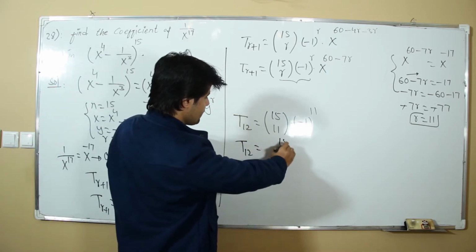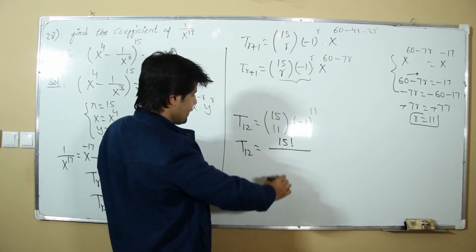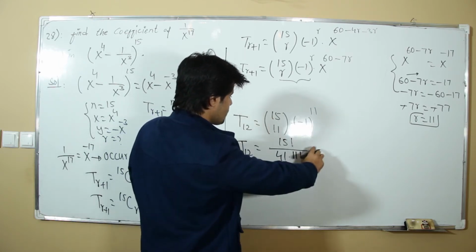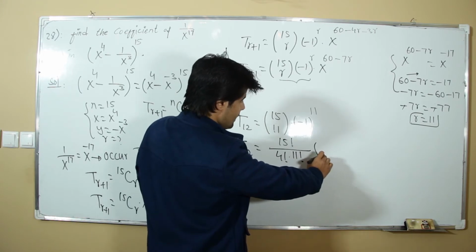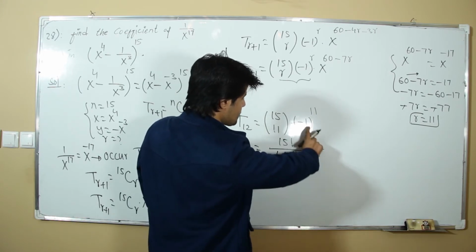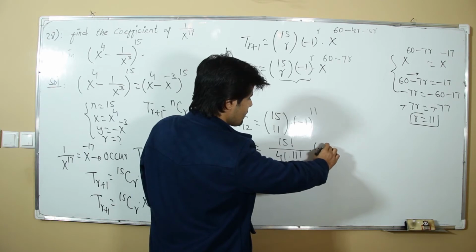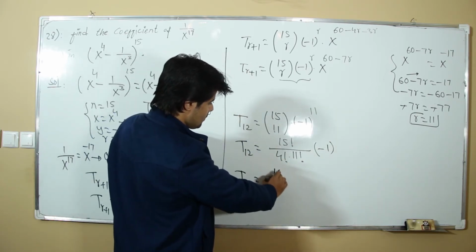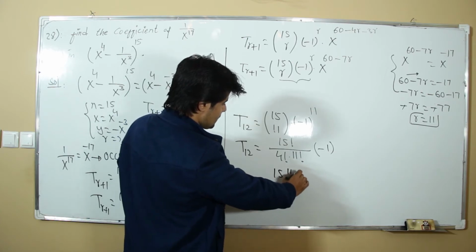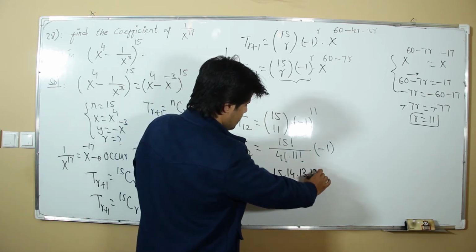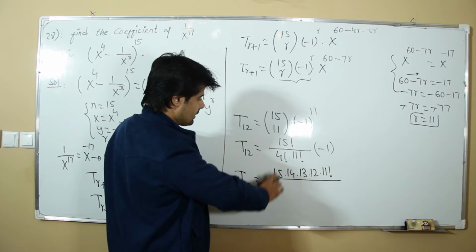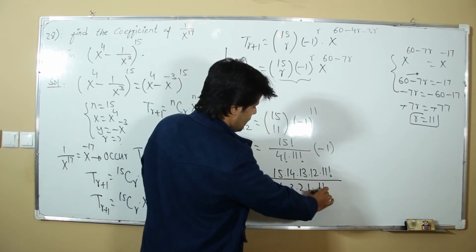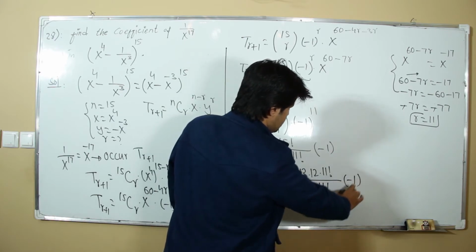Now 15 factorial over 15 minus 11, 4 factorial, times 11 factorial, times minus 1 raised to the power 11; an odd power of minus 1 is minus 1. So you will have t12: 15, 14, 13, 12 and 11 divided by 4 factorial, 4 3 2 1, times 11 factorial, times minus 1.